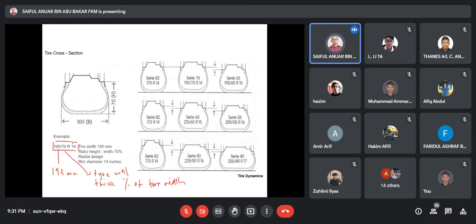Okay. And then this one is the tire construction, either radial construction or cross ply. If it is a cross ply, you write it as C. Okay, tire construction. This one is the wheel diameter in inches, the rim diameter in inches.